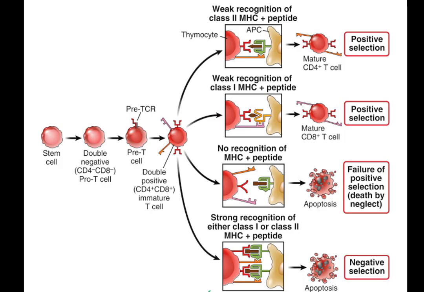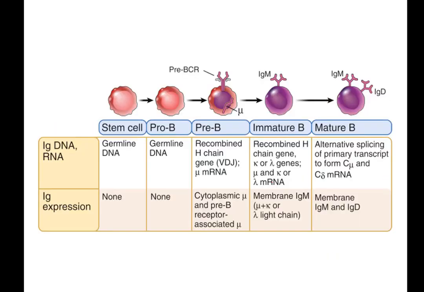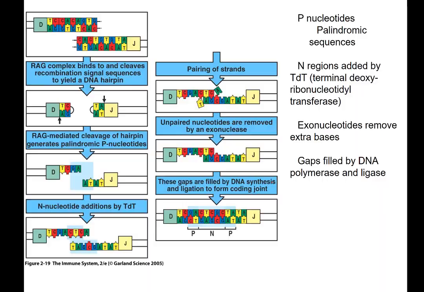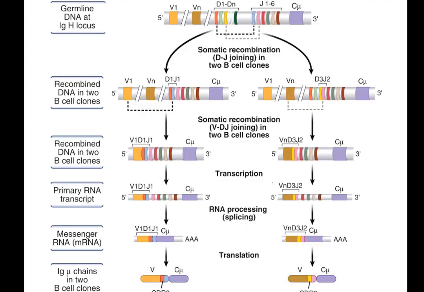Now we're going to talk about junctional diversity. So when we snap the D and the J together, we're going to take a random D and a random J, and in that animation, that's a really good animation from those immuno animations if you haven't seen them yet.